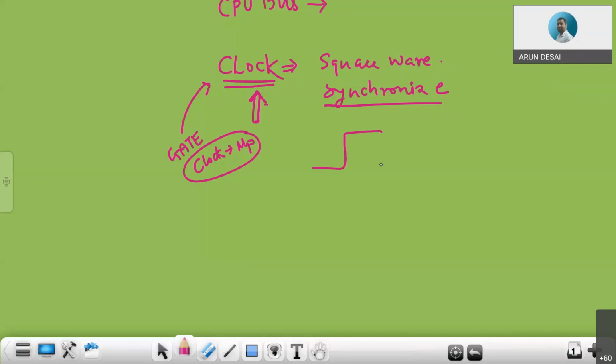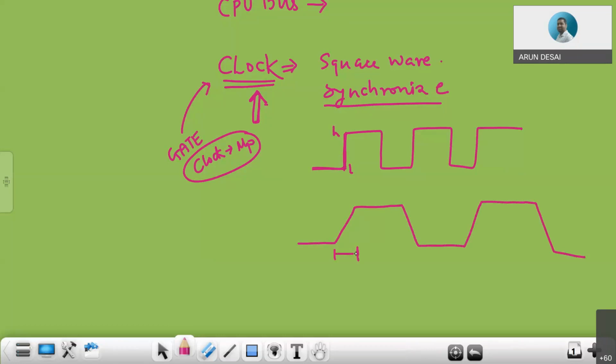Even though I said that it is a square wave, the signal never goes from low to high directly in such a way, right? Still we show a square wave for the clock, but basically it is like this. Even if I say square wave, the signal requires some time span to go from low to high and from high to low.